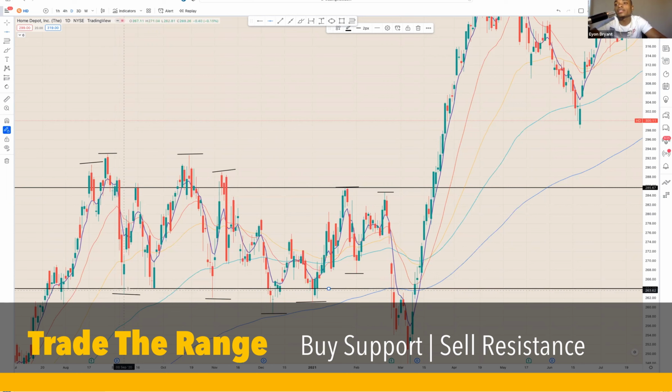I could easily buy anywhere here. Let me actually get this tool. So I can buy anywhere in this area, and I can sell anywhere in this area. This isn't going to look right, but buy.